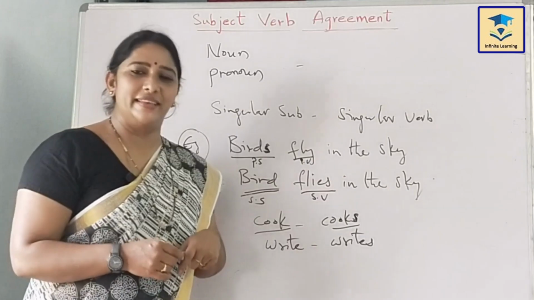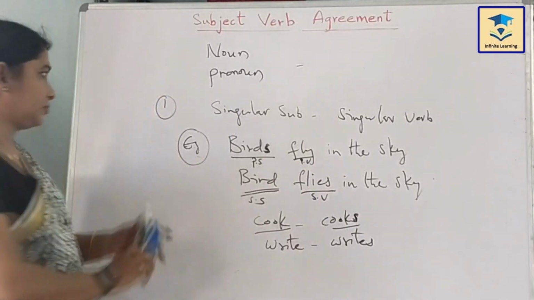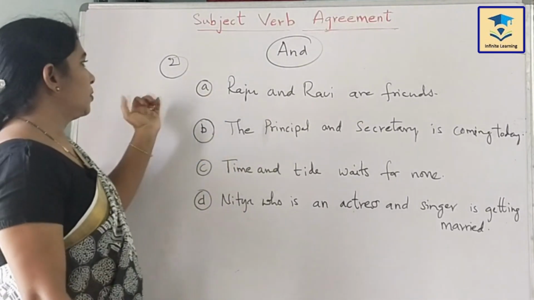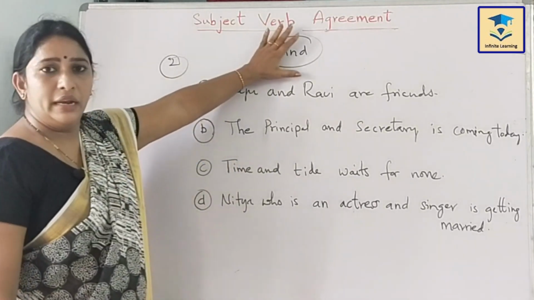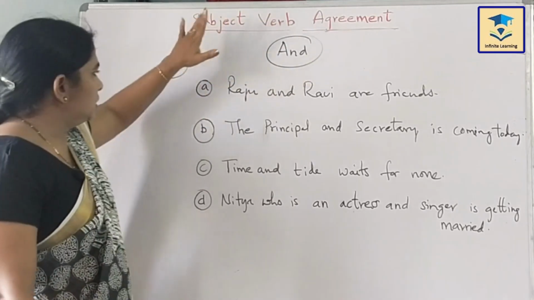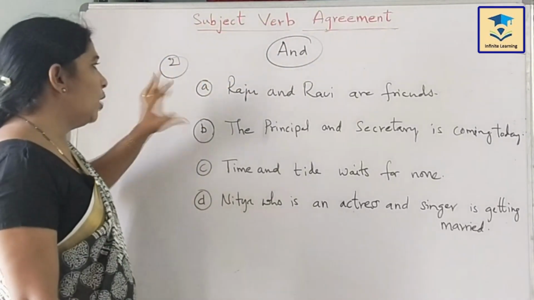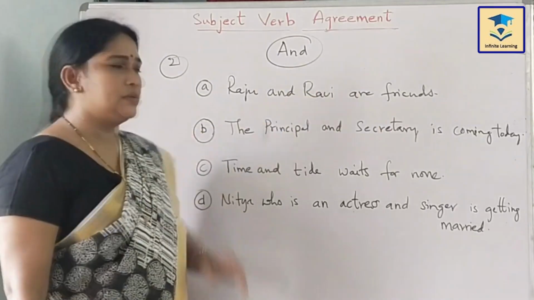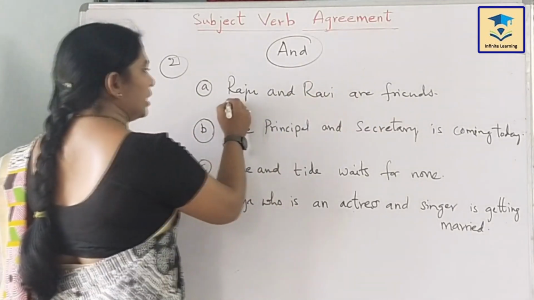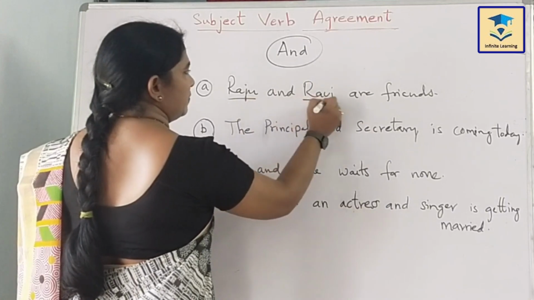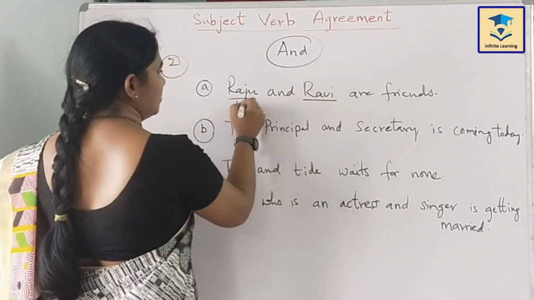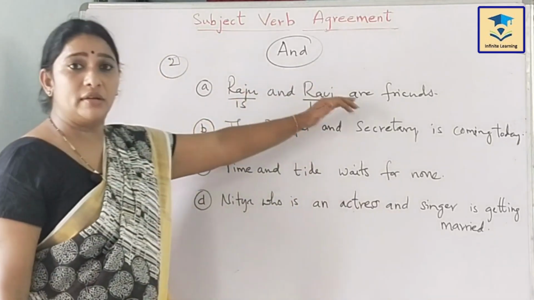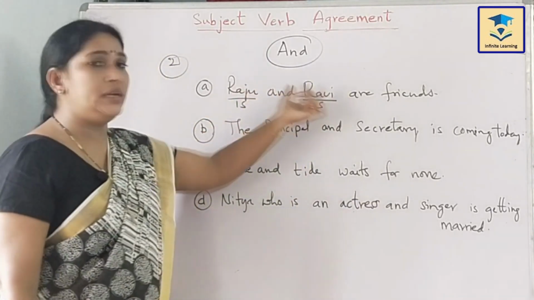Now, let us go to the second rule. Now, see rule number 2. Let us take the word and. See these 4 examples with and. How they work. Raju and Ravi are friends. Here, Raju is a subject and Ravi is another subject. One subject plus one subject. This is also singular and this is also singular. Raju and Ravi.